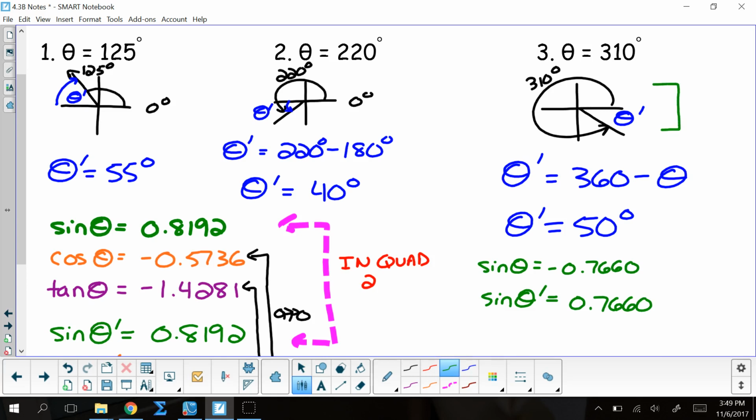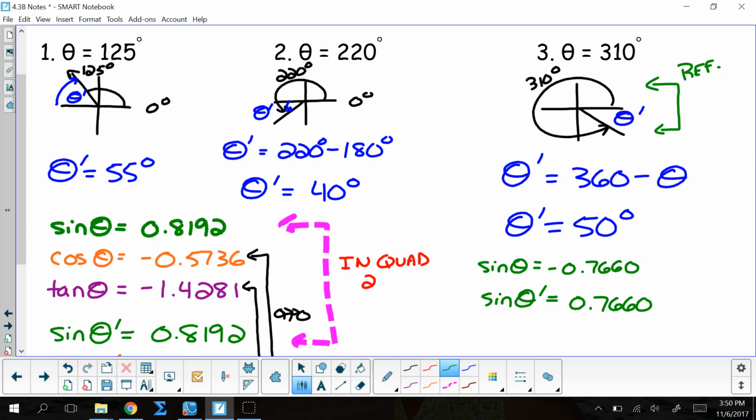My reference angle is always going to be acute, so my reference angle is always going to be in quadrant number 1. My actual angle is in quadrant number 4, so because we're reflecting across the x-axis, those should be different. When I look at the cosines, those should be the same.